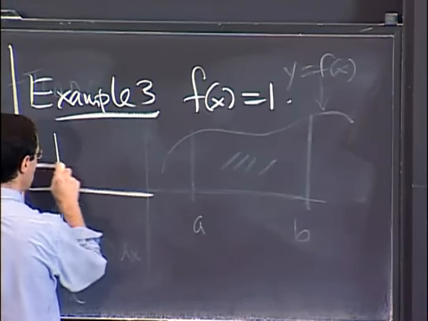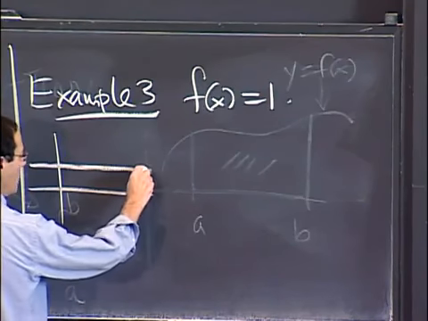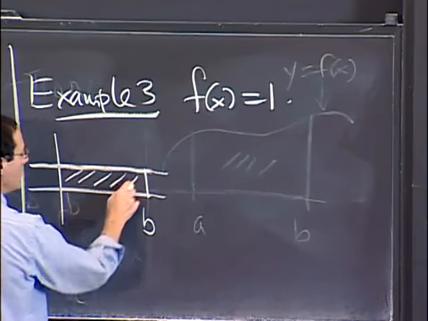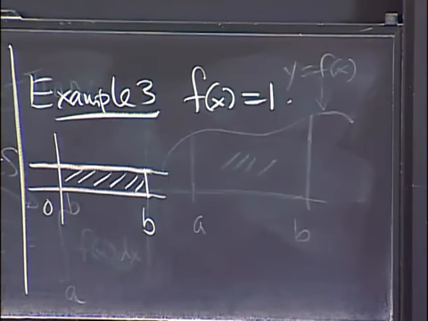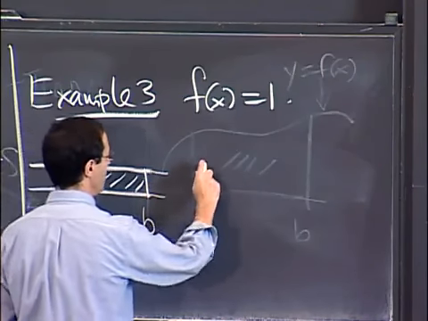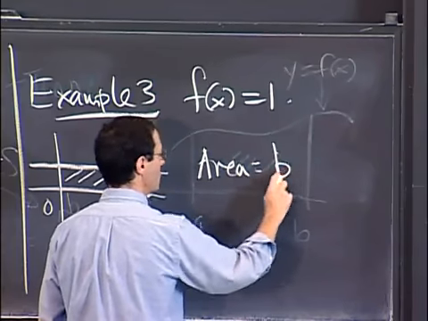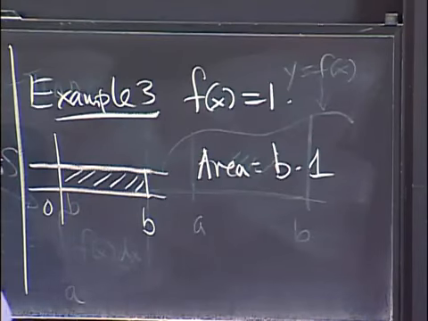So the function is just horizontal like this, right? It's the constant 1. And if we stop it at b, then the area we're interested in is just this, from 0 to b. And we know that this is height 1, so this area is base, which is b, times 1. So it's b.